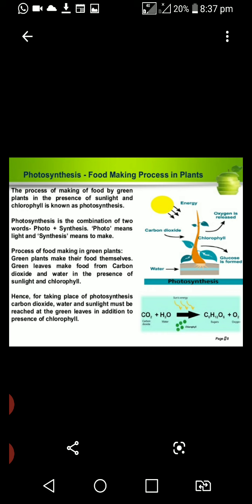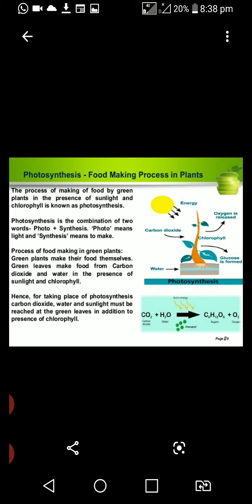If they do not reach, there is no photosynthesis. So the raw materials are very essential for photosynthesis.